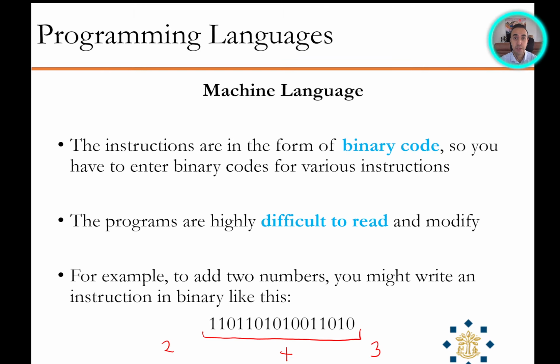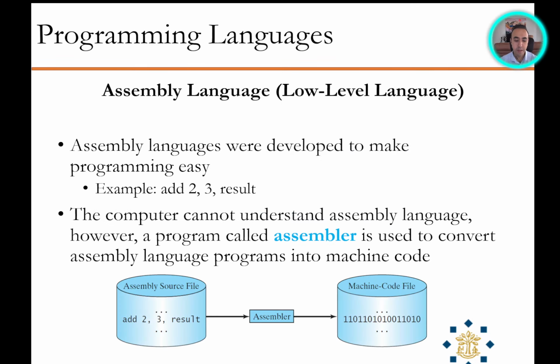This is what the computer sees and understands. But for humans, for computer programmers, it is very difficult to understand this and make sense of it, right? So that's why we're not going to use it.